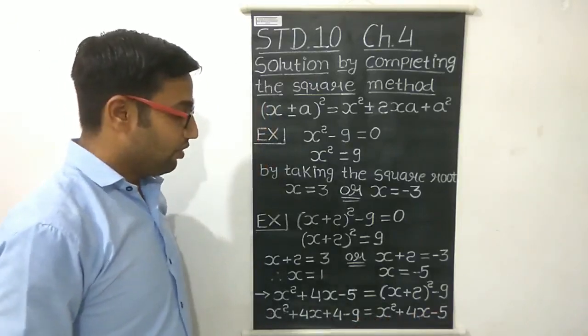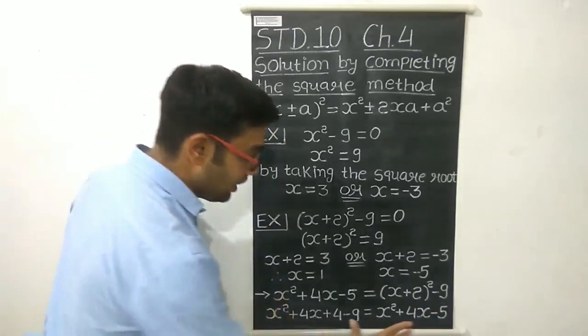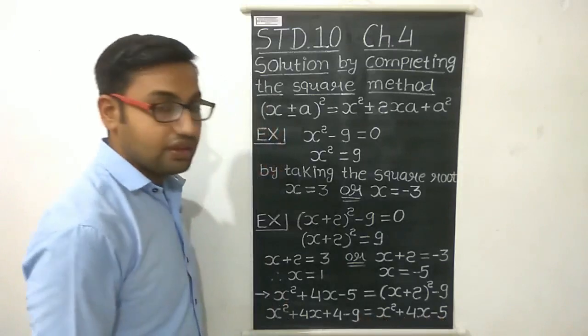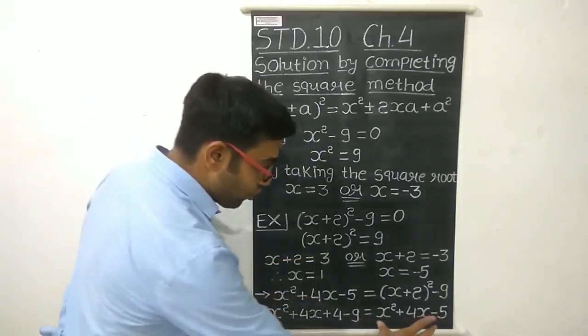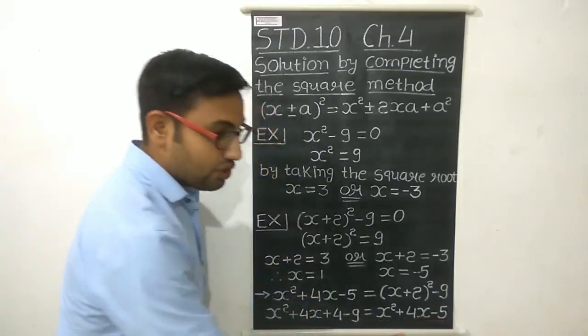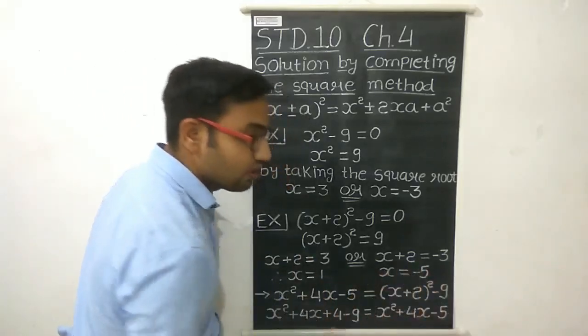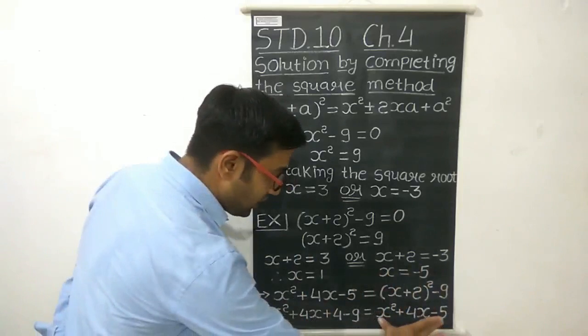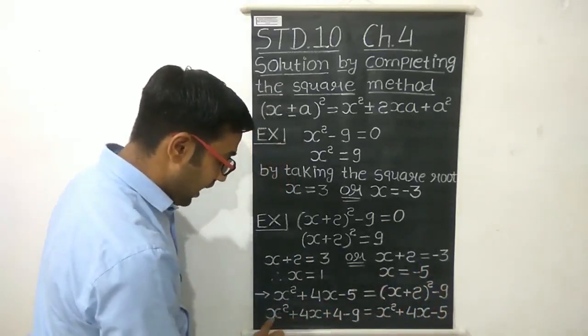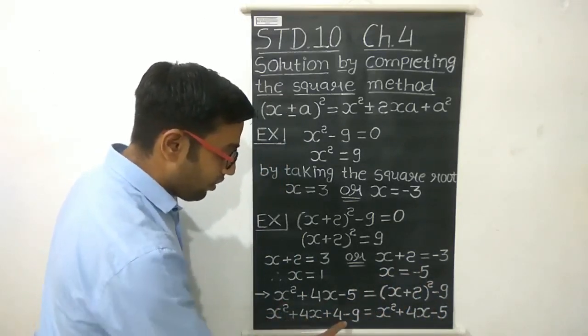Okay, so now what will happen? We are given this type of question which is not a perfect square. To make this expression a perfect square, we have to put in some values here. By doing this, we get x square plus 4x plus 4 minus 9.